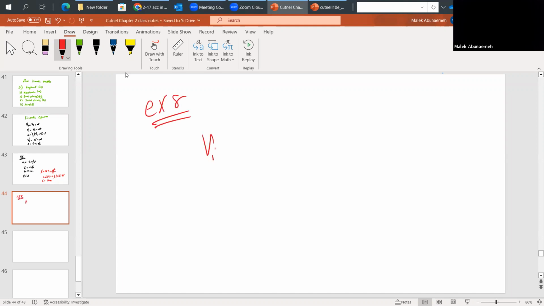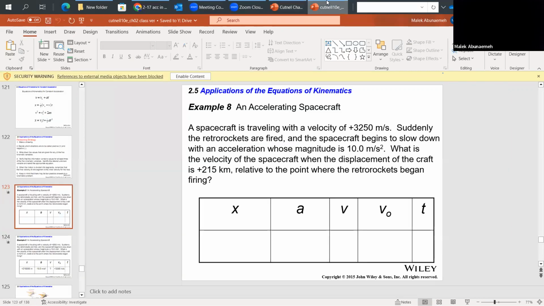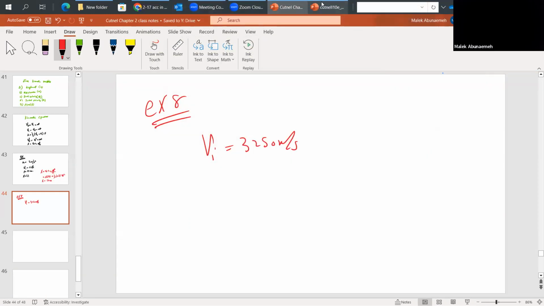Your initial velocity is 3250 meters per second, and it slows down with an acceleration magnitude of 10 meters per second squared.